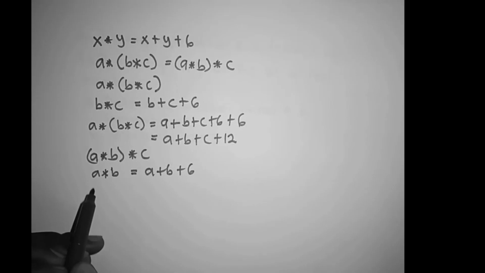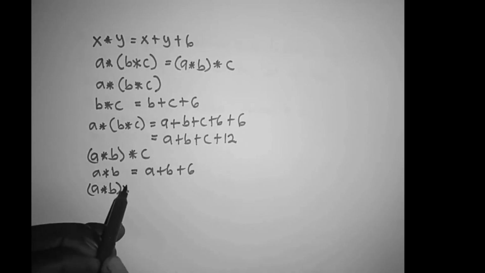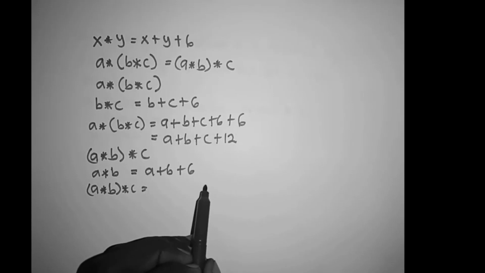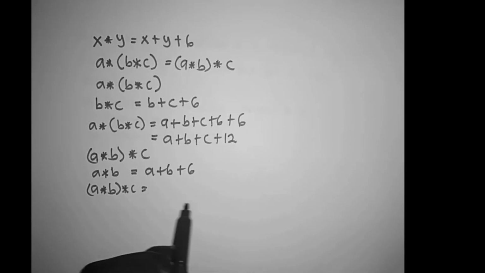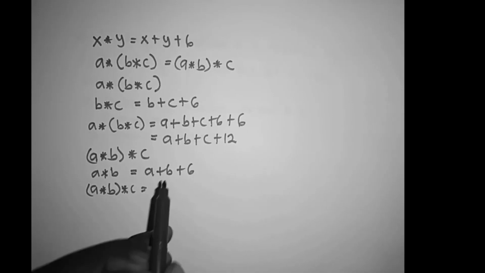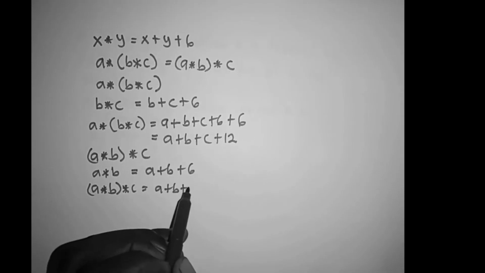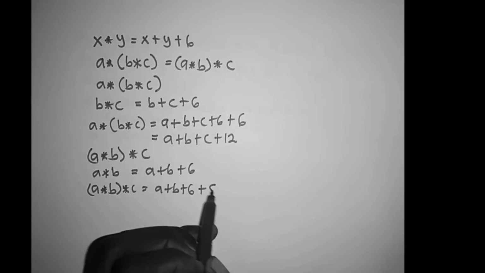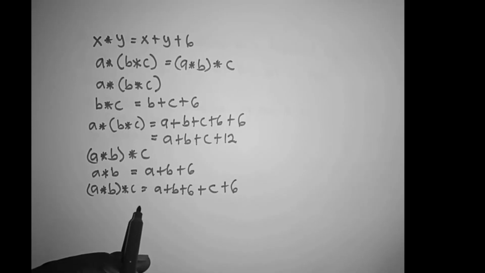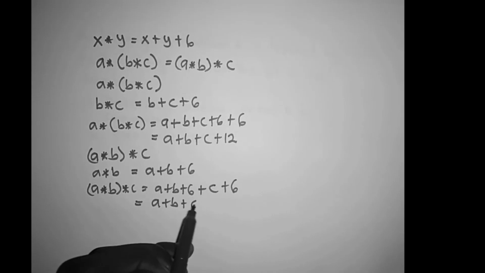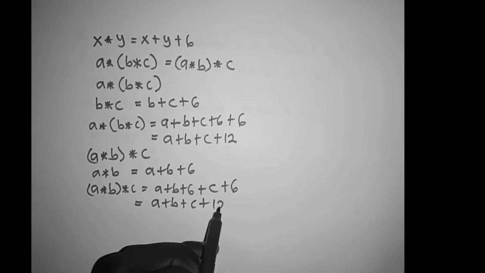Then now let's do A operation B operation C. So wherever we see x, we put A plus B plus 6. And wherever we see y, we put C. So this becomes A plus B plus 6 plus C plus 6. And this is equal to A plus B plus C plus 12.